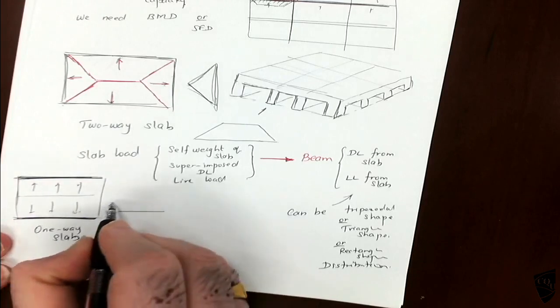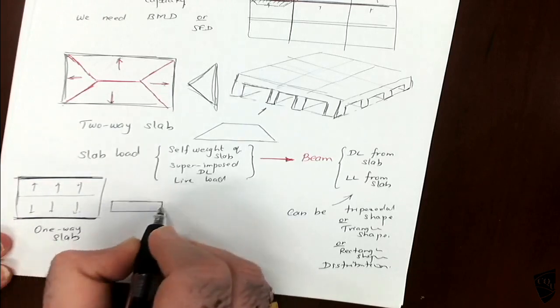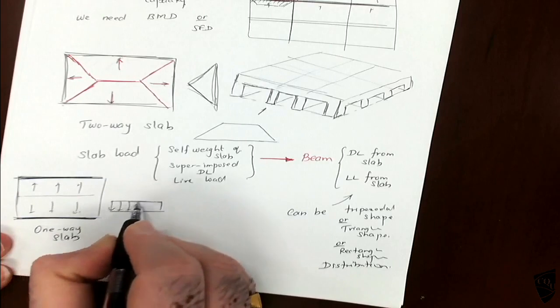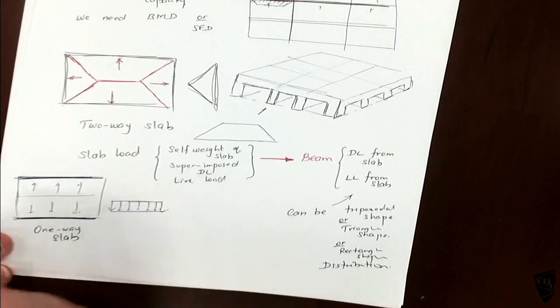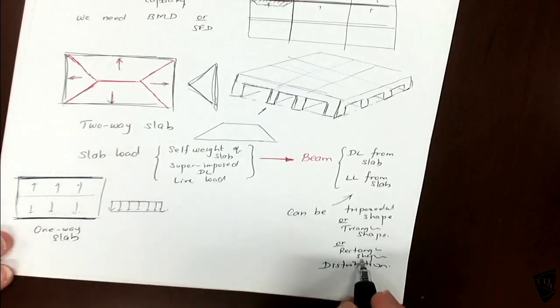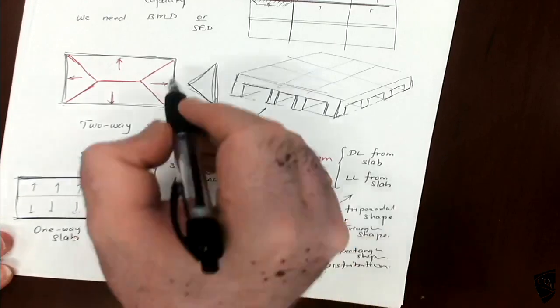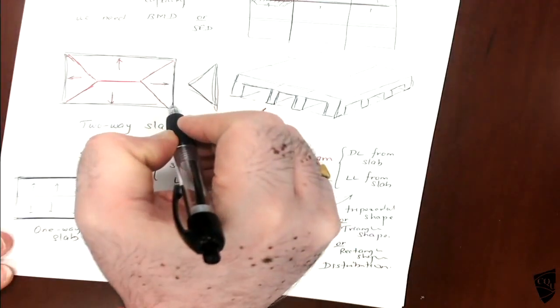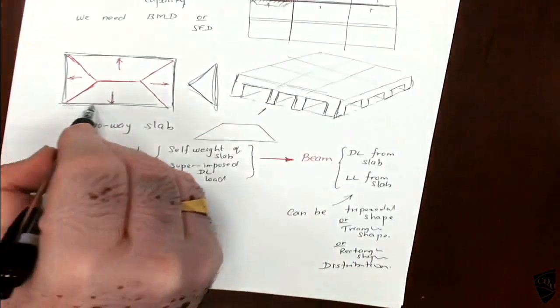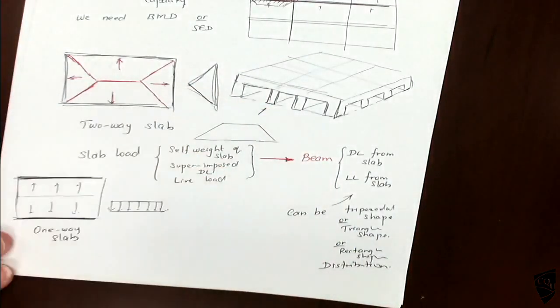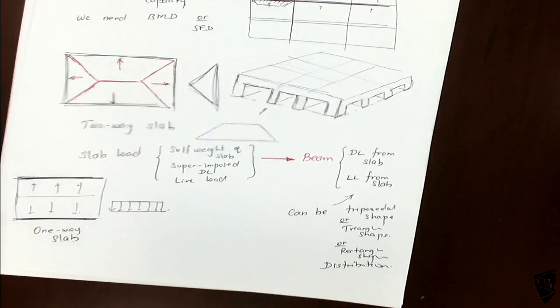So the load distribution will be a uniform distribution because it's a one-way slab. If it is a one-way slab, it's a rectangular shape distribution. If it is two-way slab, if it is this beam, it's a triangle distribution. If it is this beam, trapezoidal shape. So we may have three different possibilities for the load distribution.